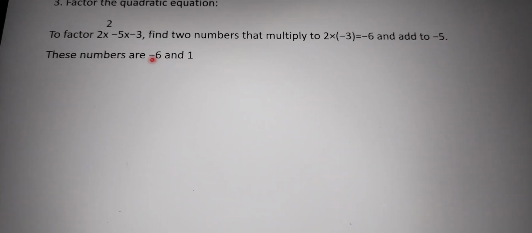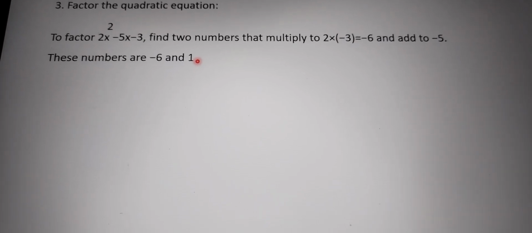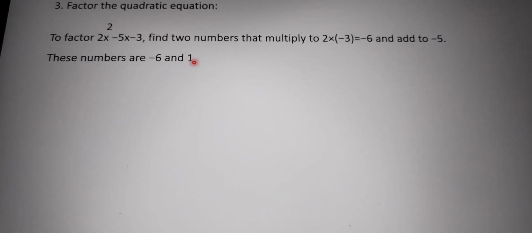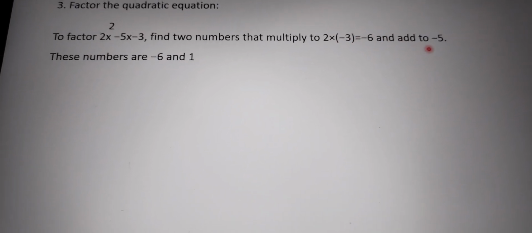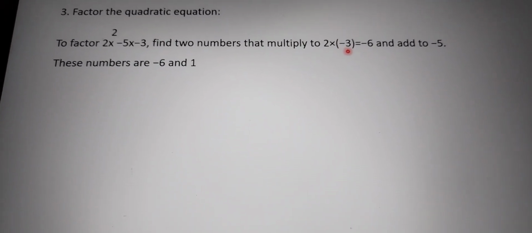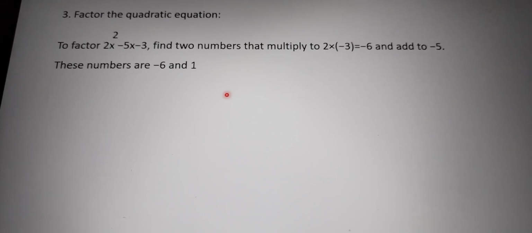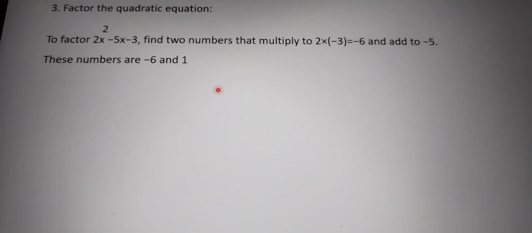So these numbers are negative 6 and positive 1, because when negative 6 and positive 1 are added, they give us negative 5, and when they are multiplied, they give us negative 6. So these numbers are the ones we are searching for.